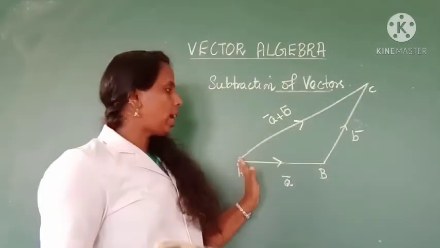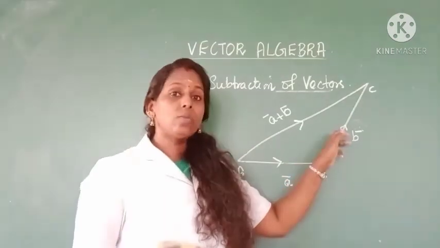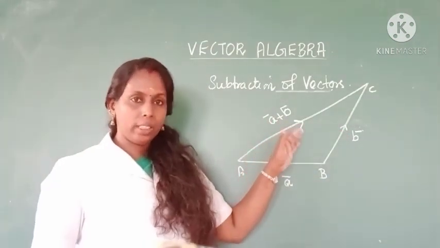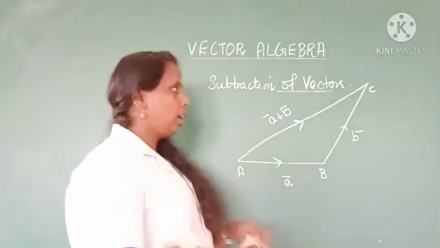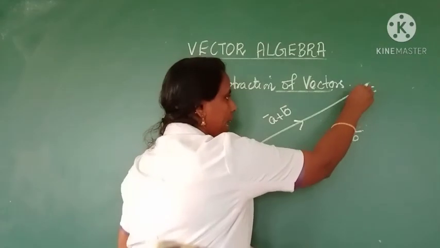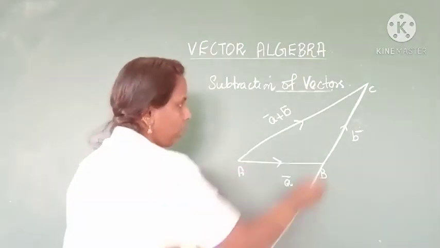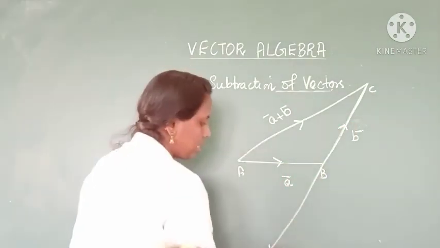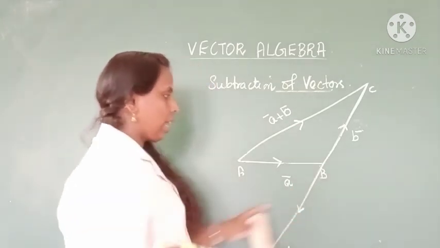See, in this triangle, AB vector is vector A, BC vector is vector B and AC vector is vector A plus vector B. That is the triangle law of vector addition. Let's just extend this line from C to C dash having equal magnitude, and the direction becomes like this.